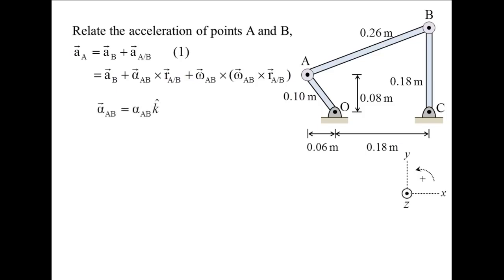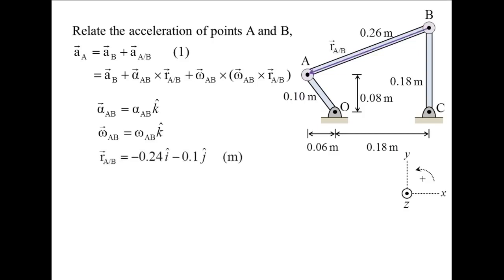The angular acceleration vector for link AB has a magnitude of alpha AB and points in the z direction. The angular velocity vector for link AB has the magnitude of omega AB and points in the z direction.